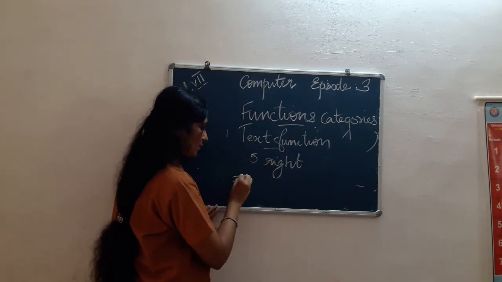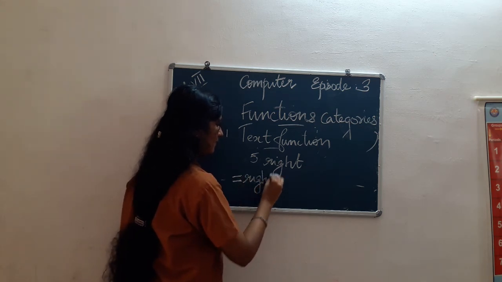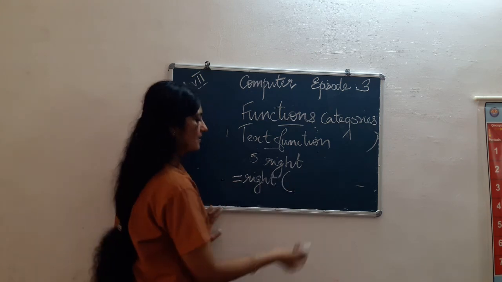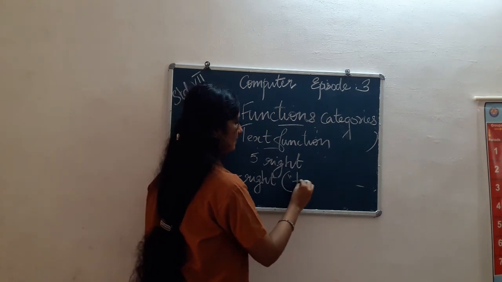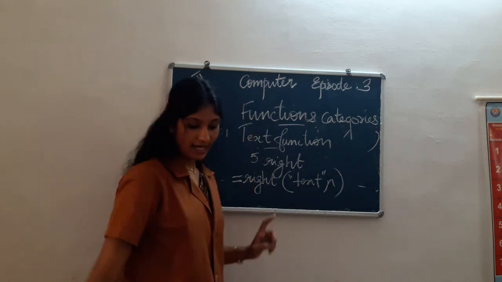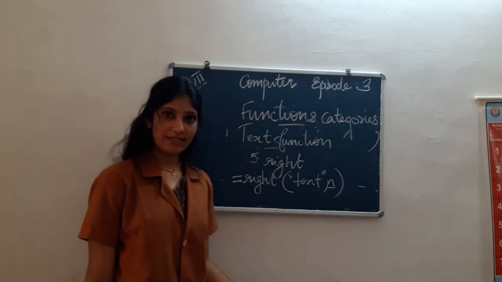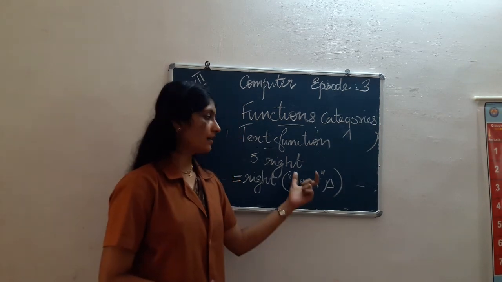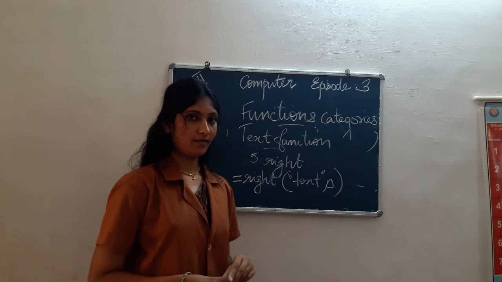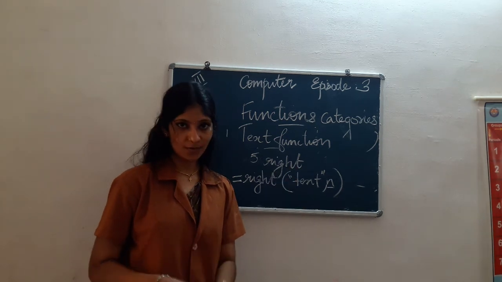First, just put an equal to symbol, and the function name is right. Then next, text comma n. Here n means the number of letters I want to display in the output.